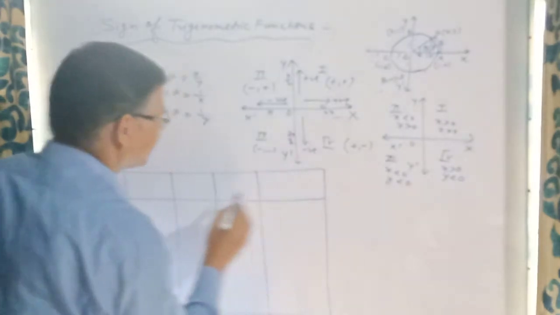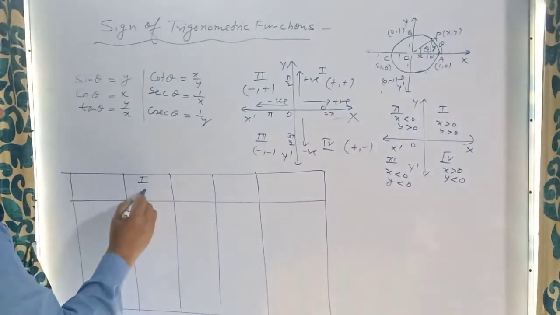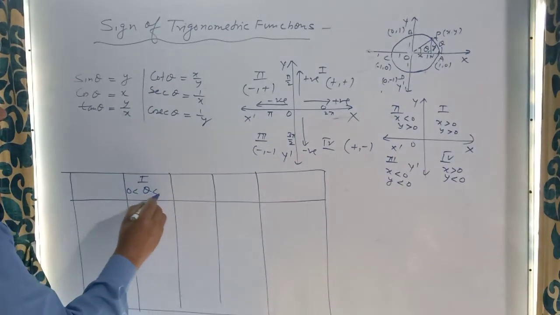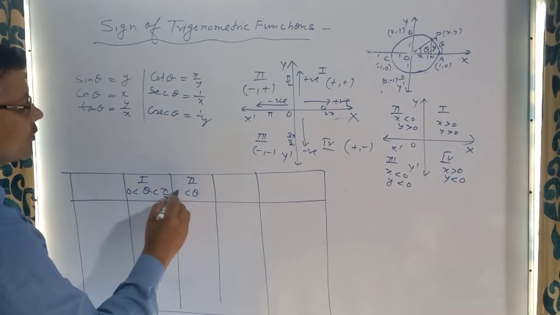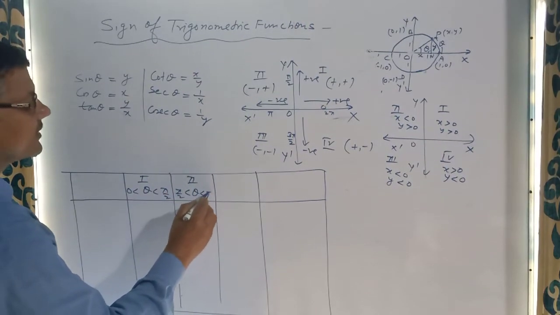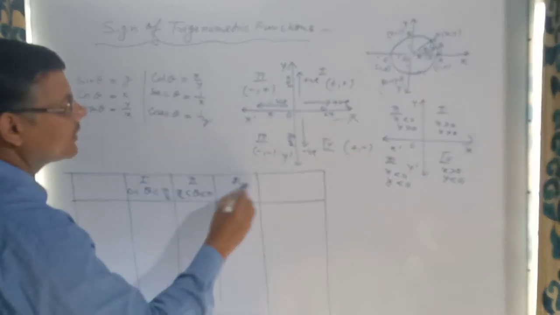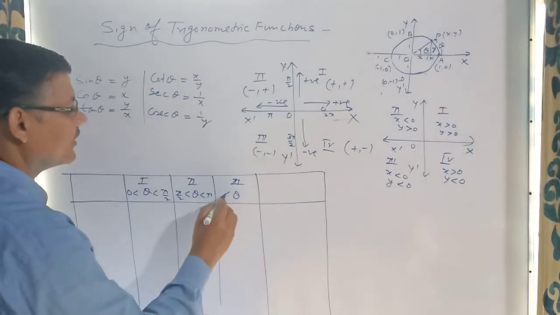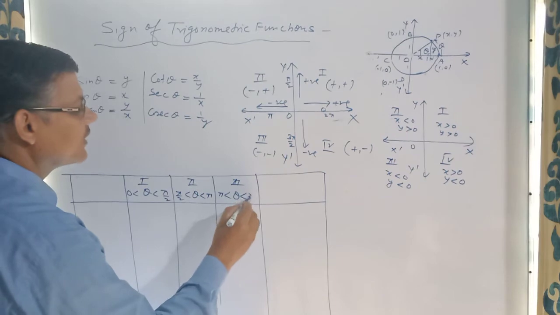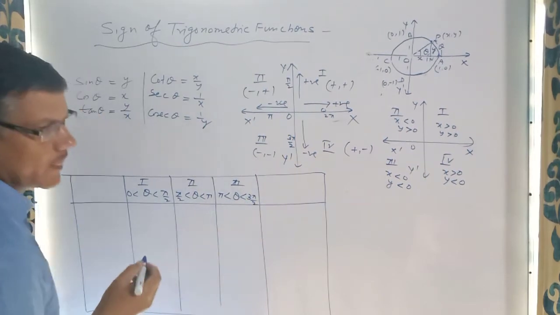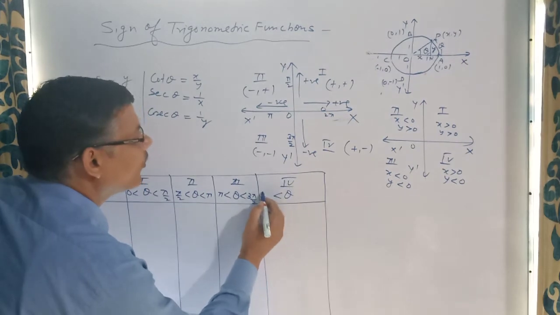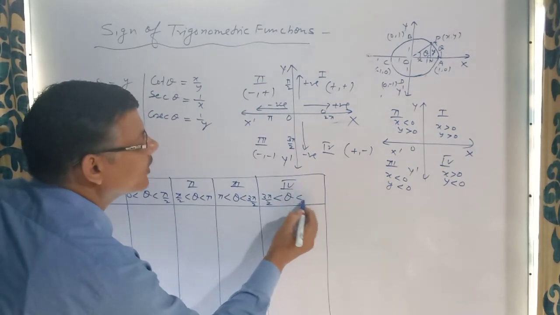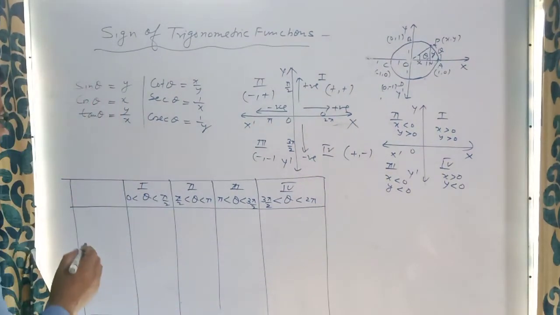This is about the ratios. It is the first quadrant, theta is more than 0 but less than pi by 2. It is your second quadrant, theta is more than pi by 2, less than pi. It is the third quadrant, theta is more than pi but less than 3 pi by 2. Now it is the fourth quadrant, theta is more than 3 pi by 2 but less than 2 pi.